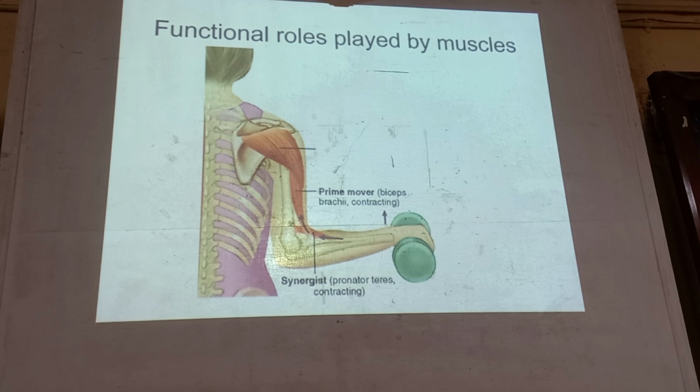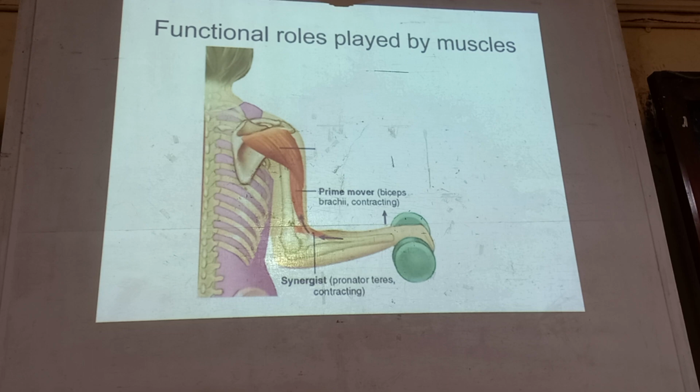Biceps has already done the supination. And after it has exhausted its role of supination, you can't supinate beyond a certain point. You can't supinate beyond the anatomical position. After which it will be entirely used for flexion. So, whether the synergist should contract or not depends on the desired movement.